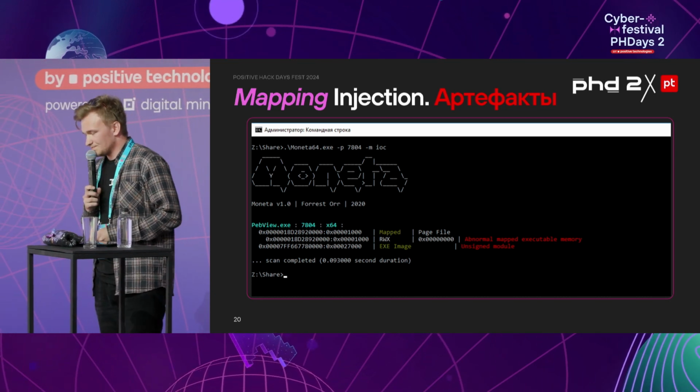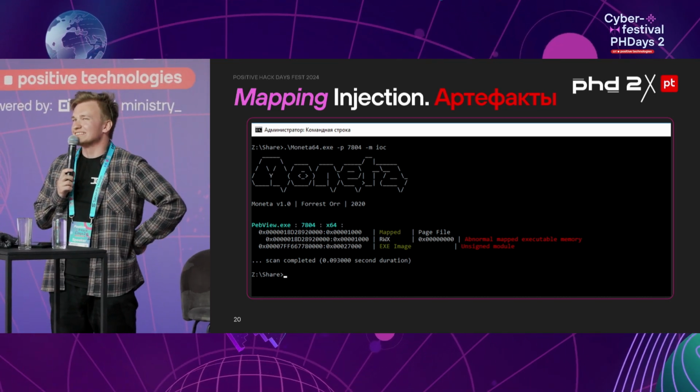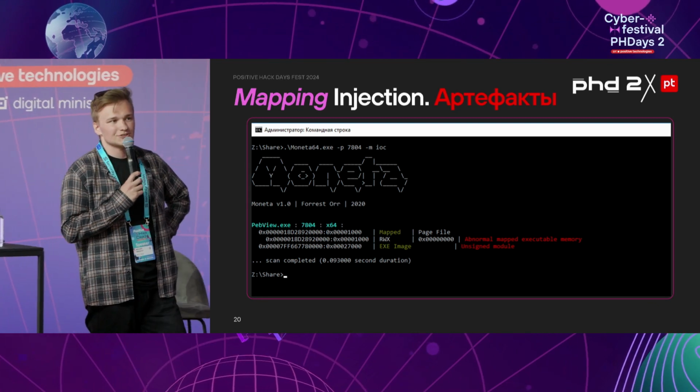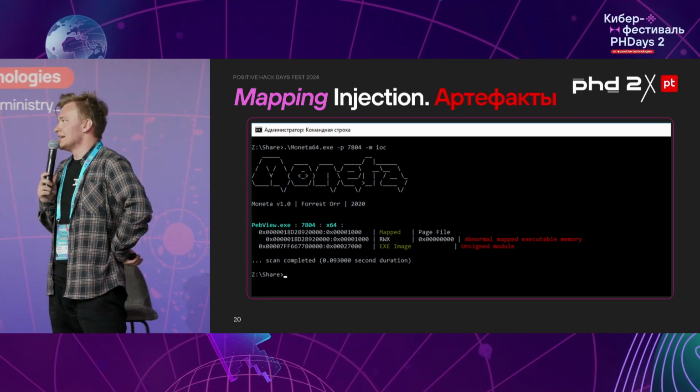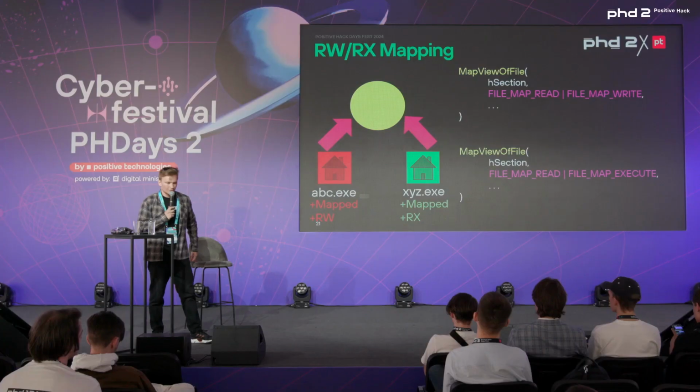And I think that I can't but mention one interesting way. Well, this is a way to reduce your payload detection rate when you use remote injection. And this is a read-write executable mapping.